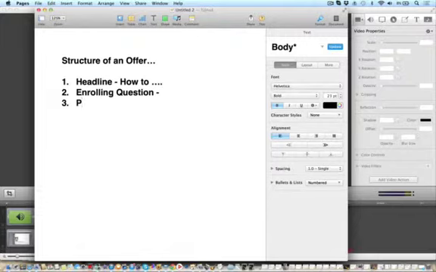And then the third piece is about positioning. You might say, as a fitness instructor, as a conscious business leader, as a psychic, as an intuitive, whatever your title is, I work with so many clients around, point number four, this problem.